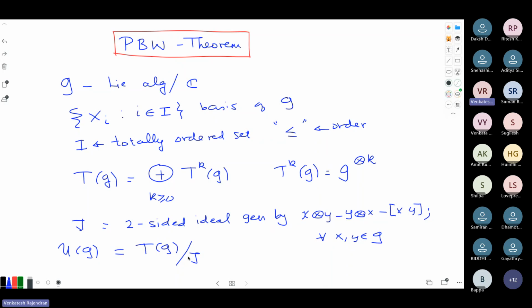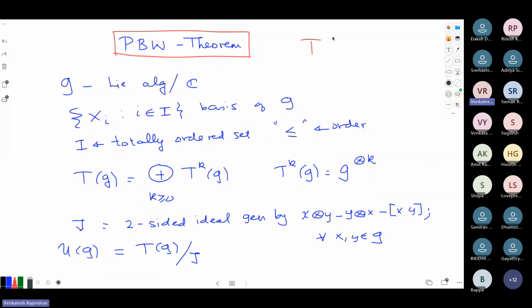Now, because T(g) is a graded algebra, there is a natural filtration on T(g), and that filtration induces a filtration on U(g). What is the filtration?